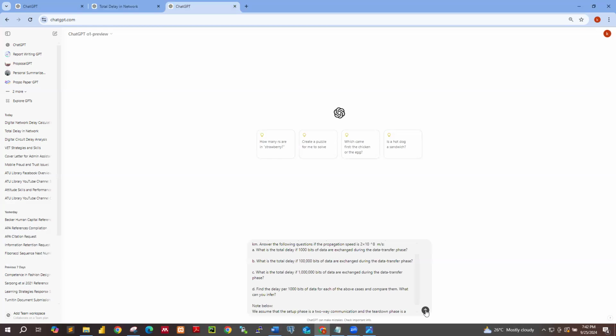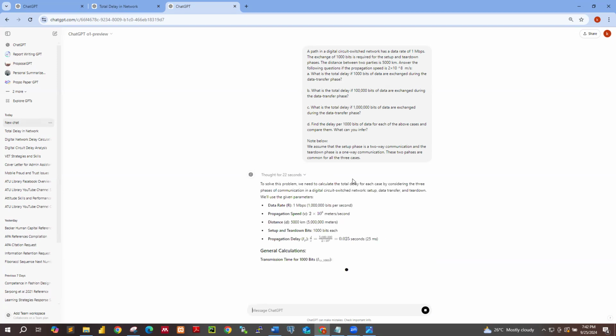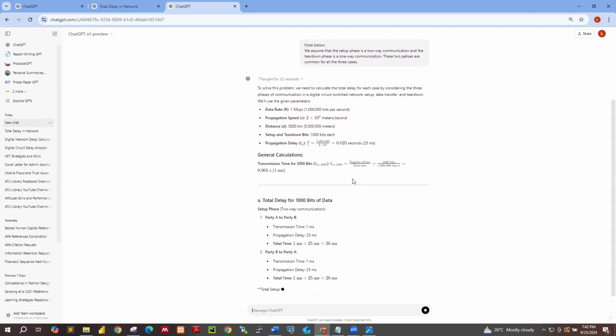And let's see the result. Okay, so we are adding something that was not initially added to the question, but we believe the generative AI needs this assumption or this particular preamble to be able to get the answers correct. So let's see what we have.